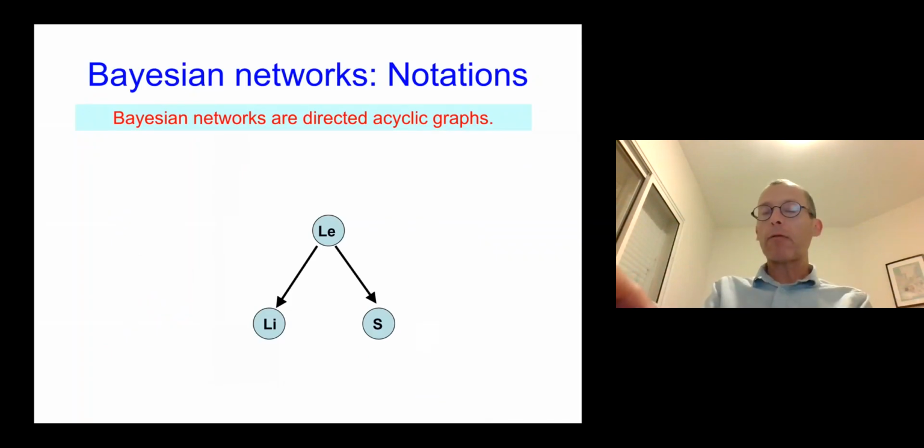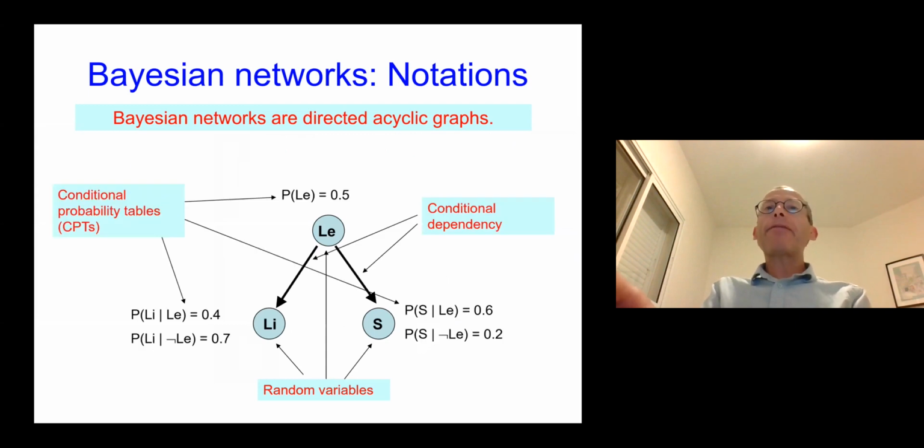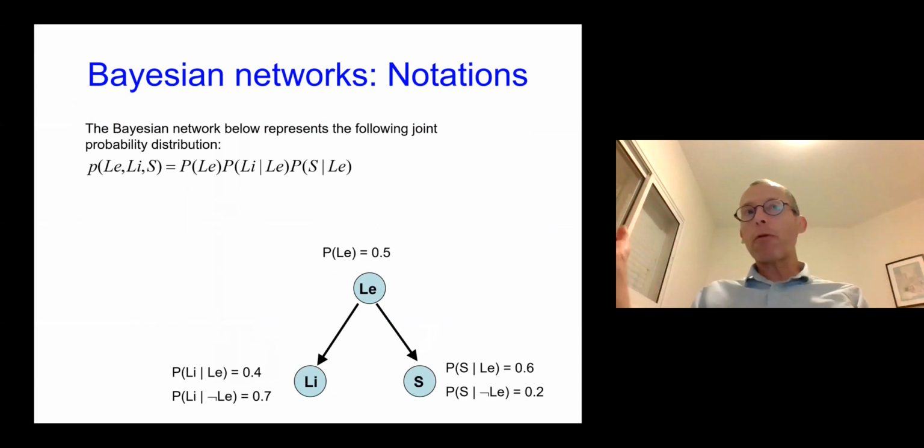Again, nodes represent random variables, edges represent dependency or conditional dependency, and we have these conditional probability tables, CPTs, that define the probability of a node conditioned on the values of its parents. So far we just defined some notation in terms of graph. Now the big question is, how is this related to joint probability distributions? That's what we wanted to represent.